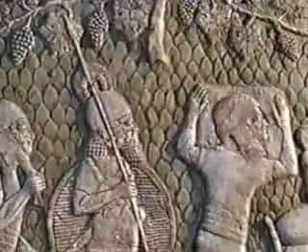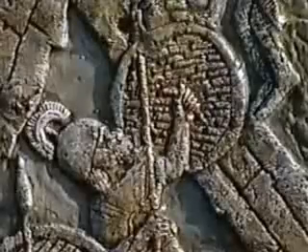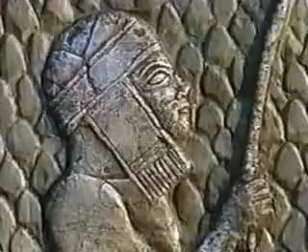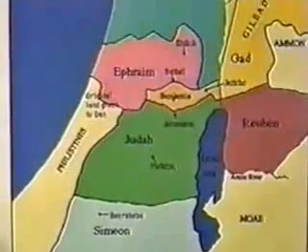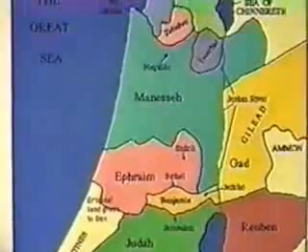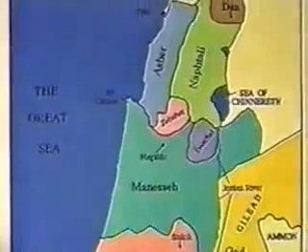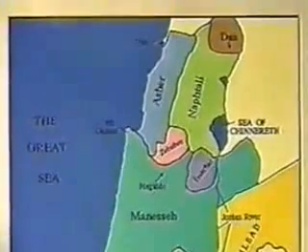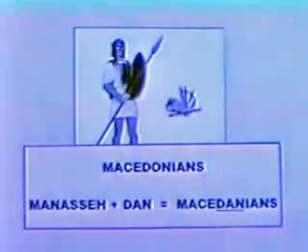Historically, a series of powerful invaders, the Philistines, Assyrians, Babylonians, and Persians, conquered the land of Canaan, which the Hebrews called Israel. The Hebrew tribes of Manasseh and Dan joined forces and became the Macedonians. They fled to Greece with their gold and their riches.